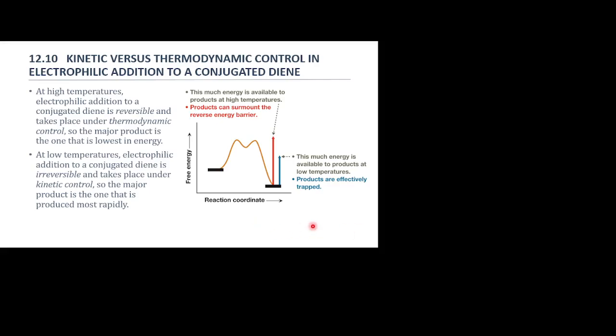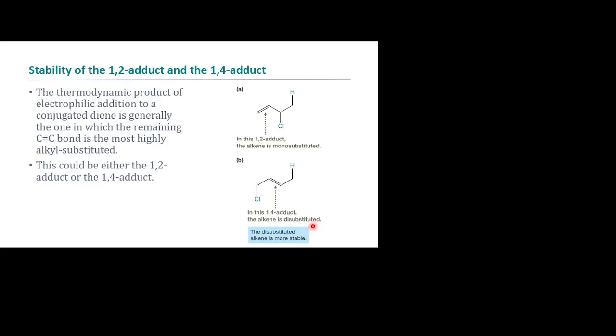Again, which one makes it so that the thermodynamic product is favored? High or low temperatures? High temperatures, yeah. Which one makes it so the kinetic product? Low temperatures. Okay. Thermodynamic product of the electrophilic addition to a conjugate diene is generally going to be one in which the remaining CC bond is the most highly stable alkyl substituted form.